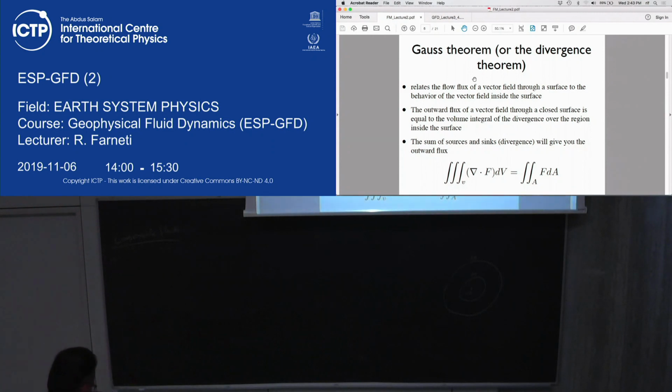In that case, we use the perfect gas: P equals rho RT. R is the gas constant, P is the absolute pressure, and T is the absolute temperature.